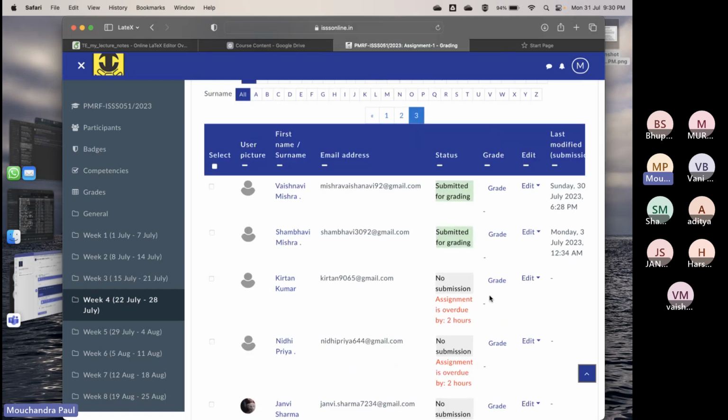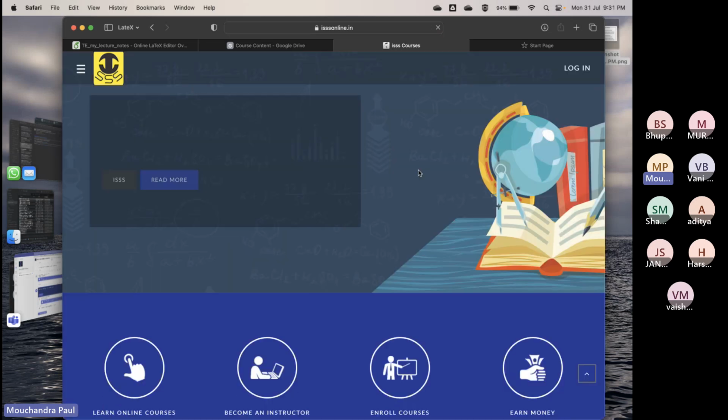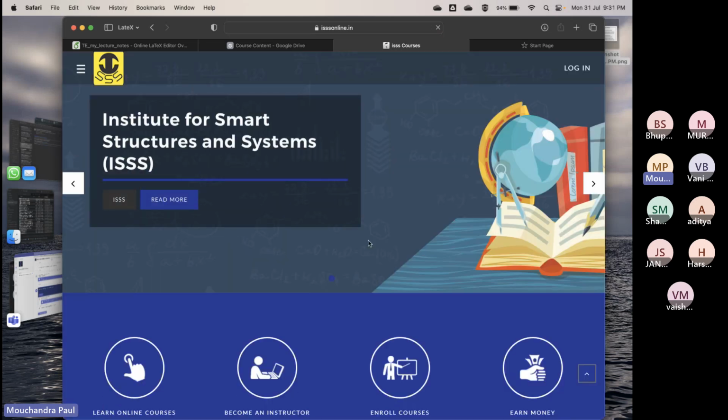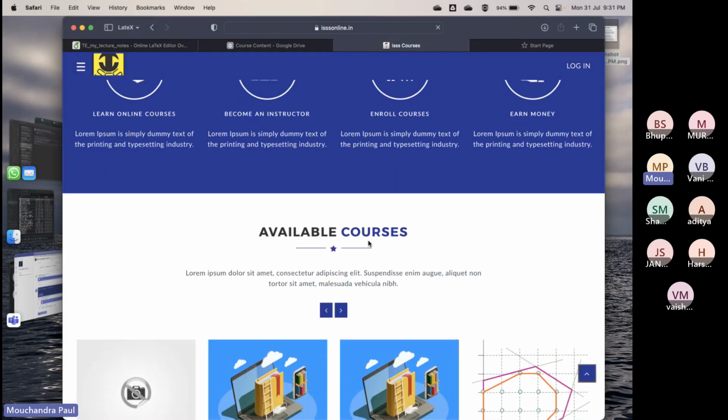And here only I can grade, and the grades will show up immediately here. I don't have to individually send you the scores, as I usually do, as I've already done for quiz 1 and 2. Your grades will show up in your accounts only. I don't have to do extra work sending you individual mails.